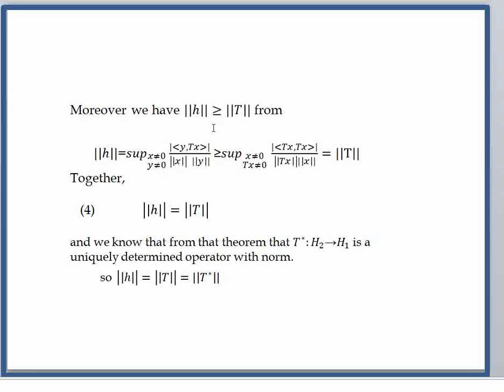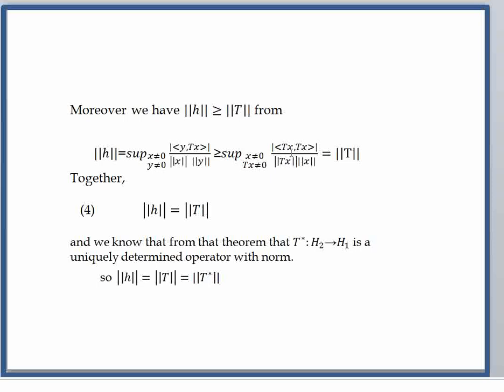So by definition, norm of h is less than or equal to norm of T. Moreover, we have norm of h is greater than or equal to norm of T. From this, norm of h is equal to the supremum, where x is a non-zero vector and y is also a non-zero vector, of mod of the inner product of y, Tx over norm of x into norm of y, which is greater than or equal to the supremum over non-zero x. Here we are choosing Tx equal to y.